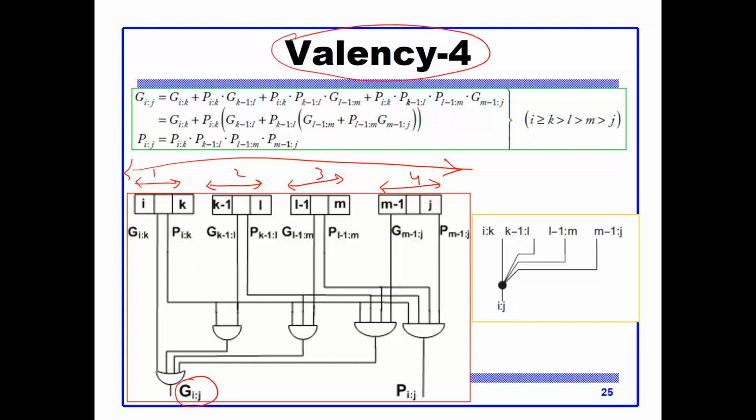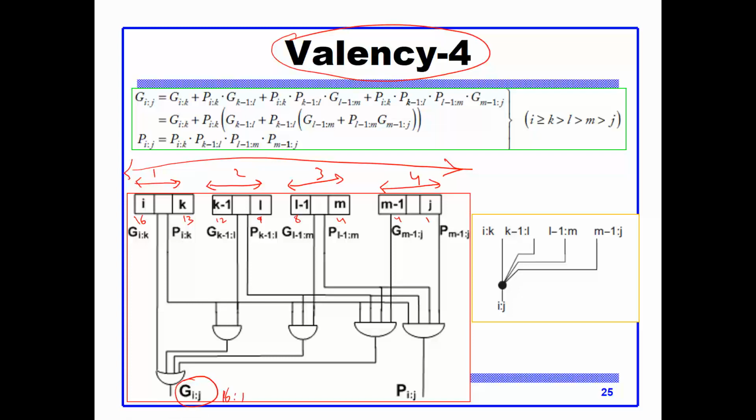So for example, if these are bits from 1 to 16, this could be bits 1 to 4, 5 to 8, 9 to 12, 13 to 16, and this will give me a generation from group 16, bit 16 all the way to 1.